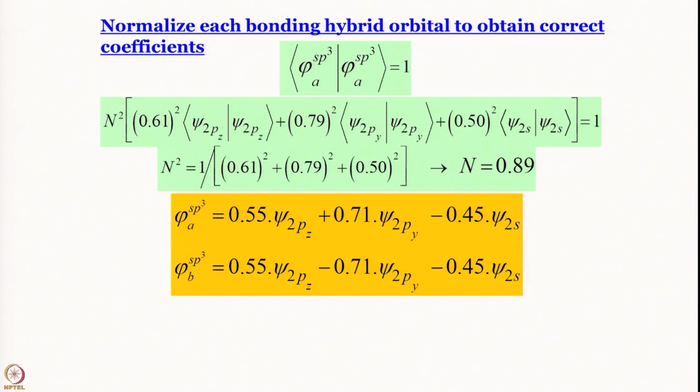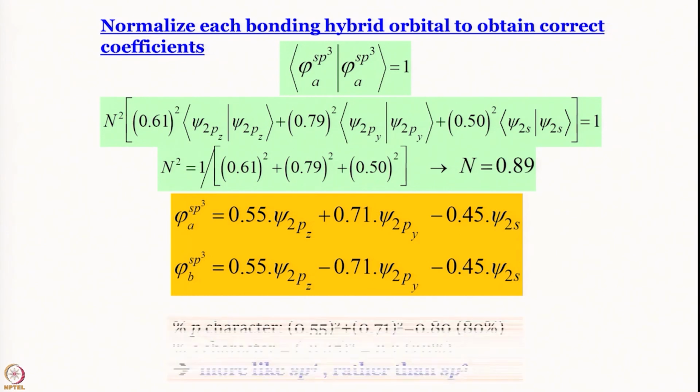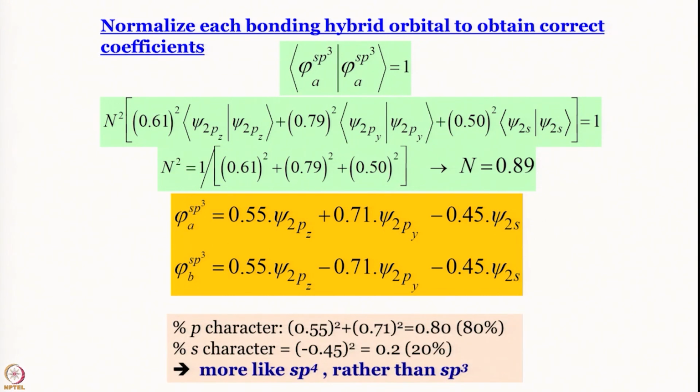We can find out the S contribution and P contribution from the coefficients, and that gives us percentage P character is 0.55 square plus 0.711 square, this square plus this square, that turns out to be 0.8. Percentage S character is equal to 0.2. So, 20% S character, 80% P character.